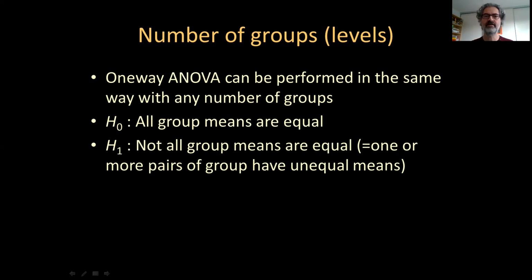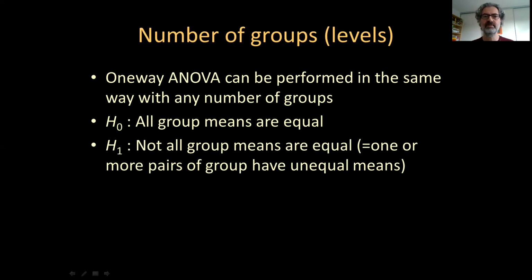But if there are three or more groups, the alternative hypothesis that not all group means are equal doesn't tell us which means are different from which other means. If there are 10 groups and we get a statistically significant F ratio, we don't know which of the 10 means are different from which others.